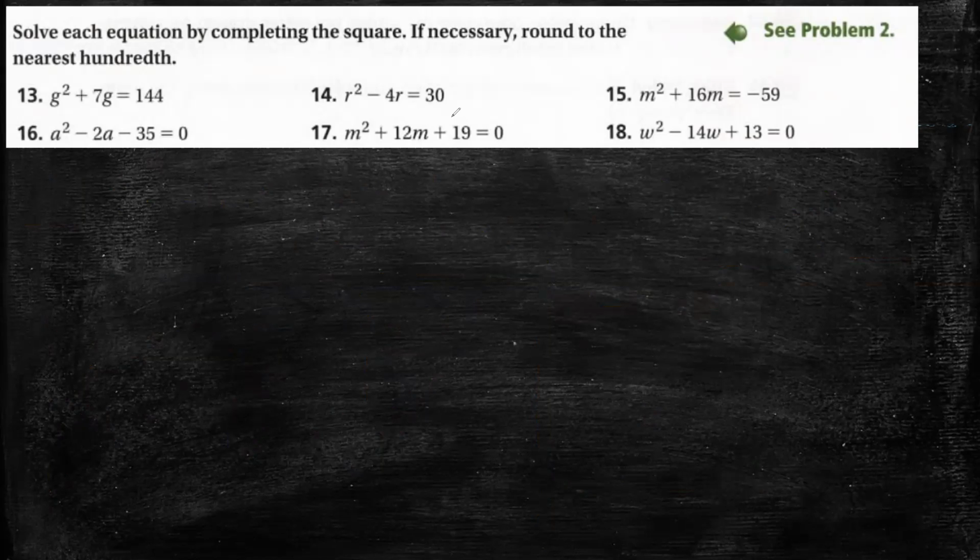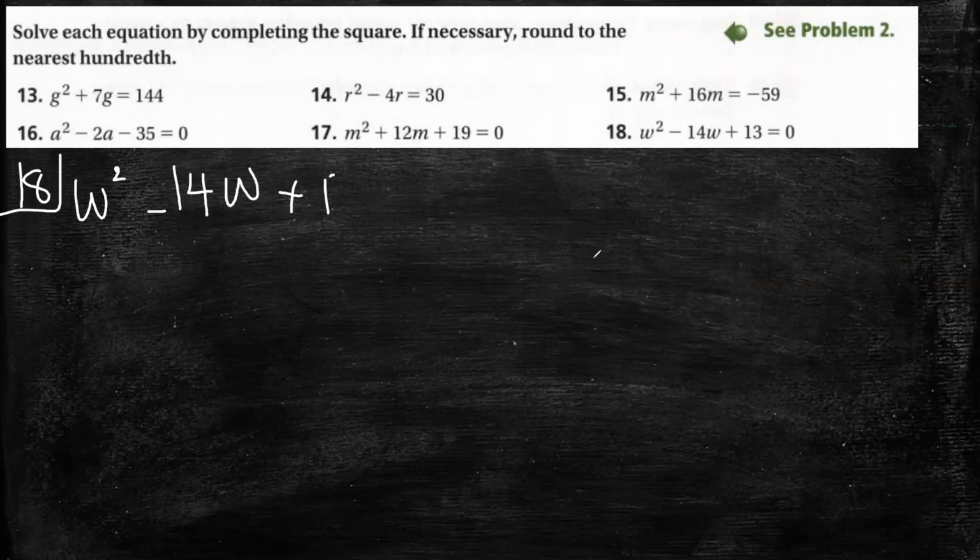Now let's solve number 18. In number 18 here, w squared minus 14w plus 13 equals 0.